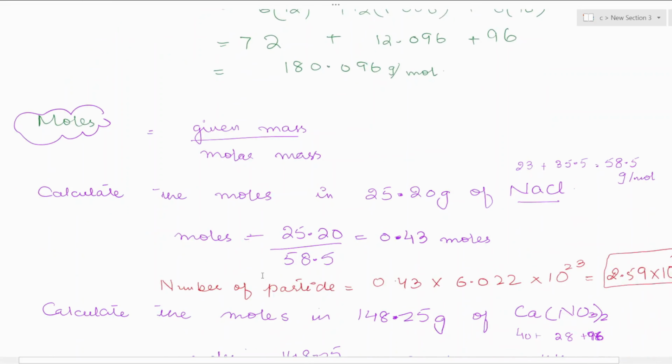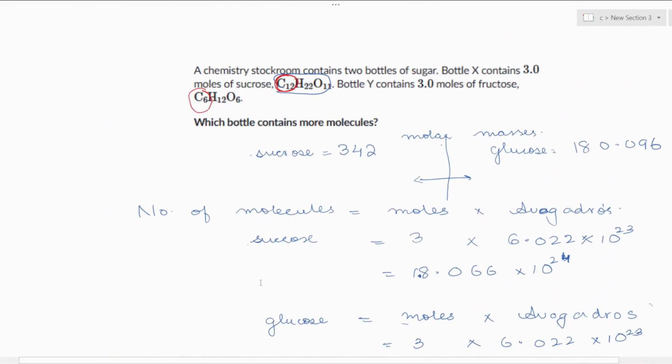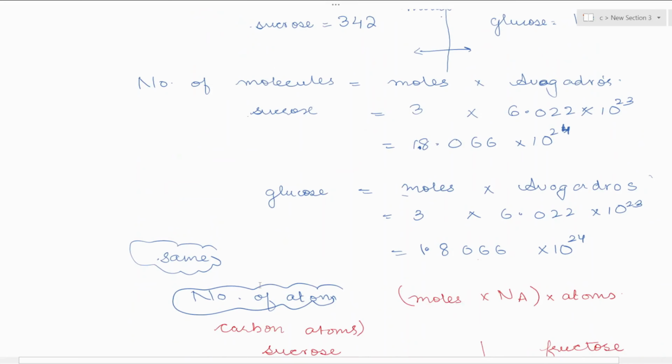Okay. The third formula is about the number of atoms or the number of molecules. For number of molecules, it's simple: moles multiplied by Avogadro number, which means 6.022 into 10 to the power 23.